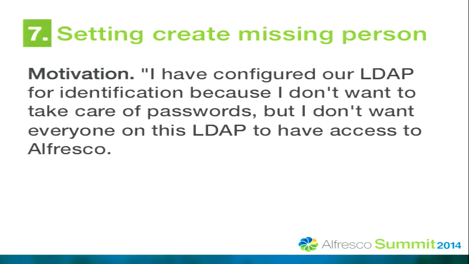Next, we are on 7. This is a long time issue. When you configure Alfresco to identify users by LDAP, Alfresco by default creates every user who is successfully identified on this LDAP.